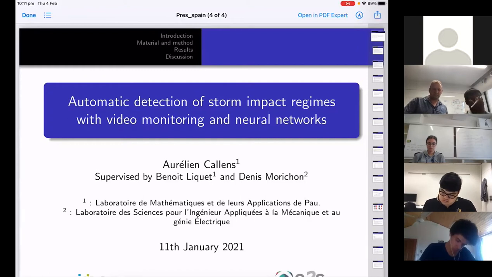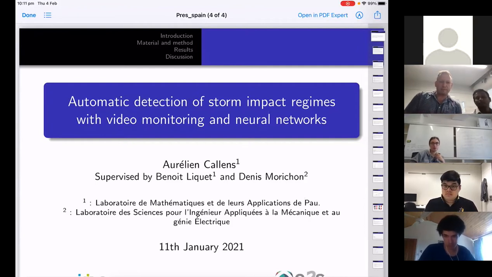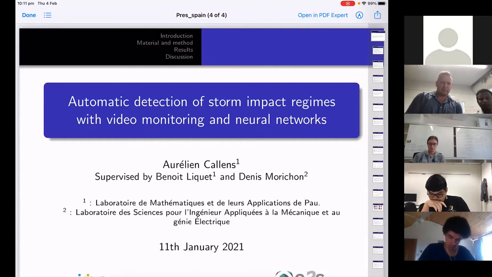Biarritz is on the west coast, so it's very exposed to the ocean, and we have some buildings and habitations very close to the ocean. We work with the council on an early warning system for storm impact.